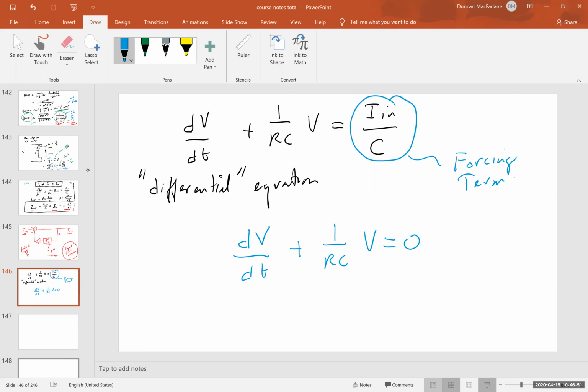You solve this equation. This is called the homogeneous or unforced differential equation. And then you have to solve that subject to some sort of initial conditions.